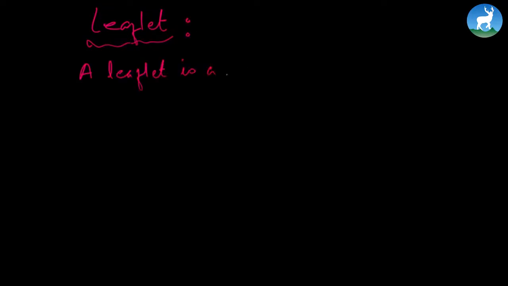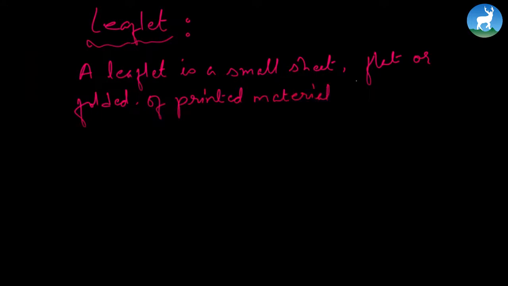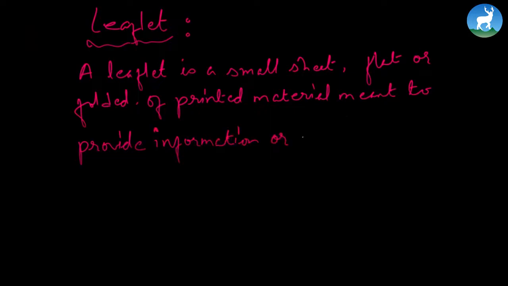Now, do you know what a leaflet is? The definition would be: a leaflet is a small sheet, flat or folded, of printed material meant to provide information or advertisement.